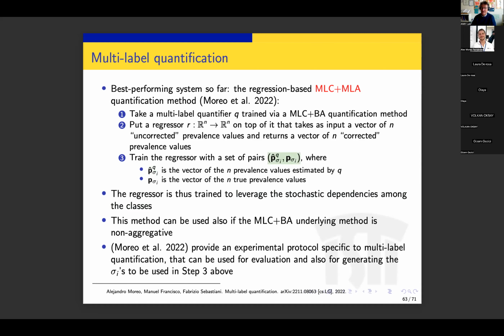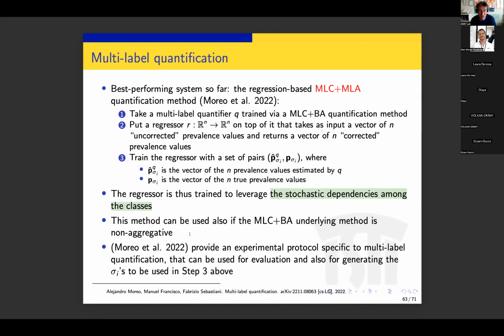It takes into account all of the classes at once, a vector of prevalence values for all of the classes. So it can see, in a sense, which classes are correlated with others, and so the mapping that it builds takes into account these stochastic dependencies.